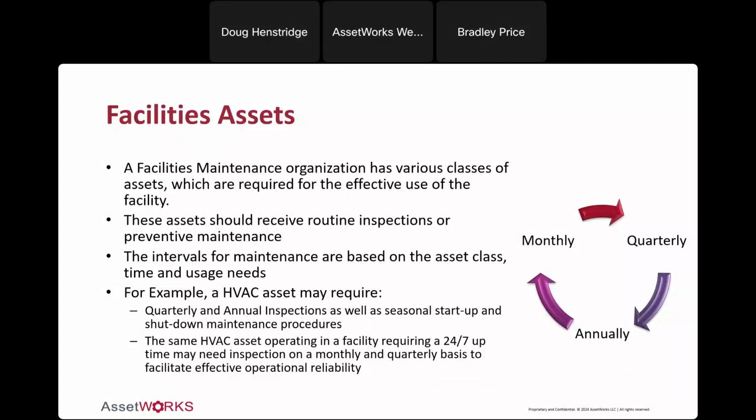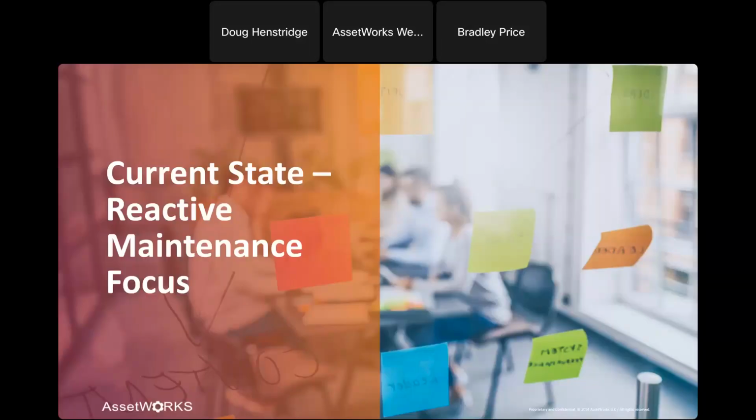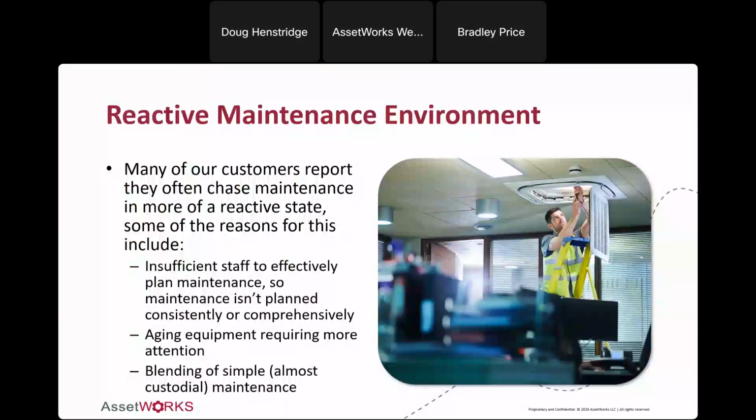What we've found with a lot of our customers is that they are oftentimes in a very reactive mode. There are a number of reasons for that. Sometimes it's insufficient staff, sometimes it's aging equipment that requires more attention. That means you're spending more time chasing down defects than you are actually routinely maintaining, or you get behind on your routine maintenance because you're busy working on other things.